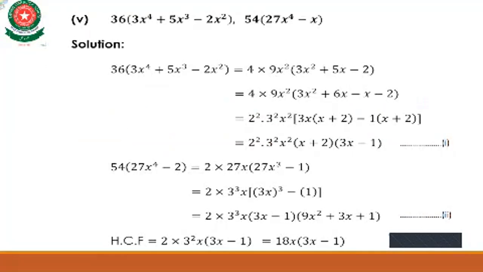You can see that in the first term x square is common. Taking common x square, you can write 36 as 4 multiply 9. Taking x square common, the remaining will be 3x square plus 5x minus 2.